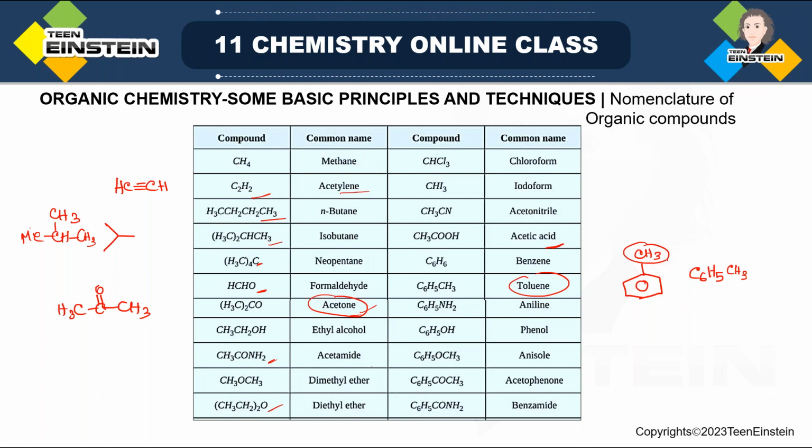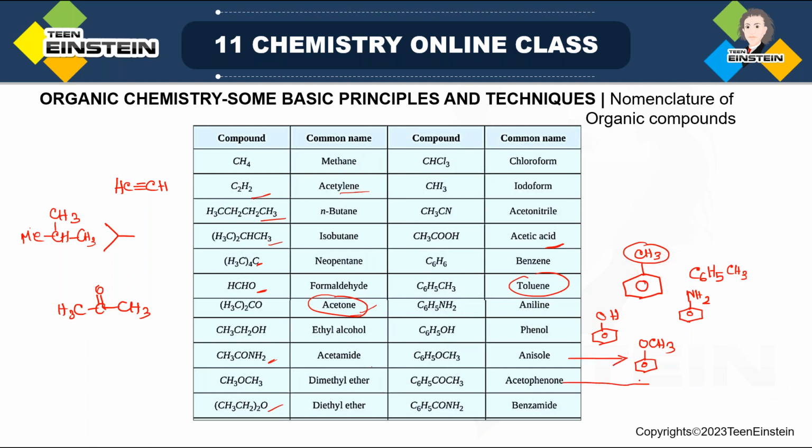Then we have aniline. Just in place of CH3, if we have NH2, then this molecule is called aniline. Then we have phenol, where an OH group is attached. Then we have anisole. See, keeping the benzene ring fixed, we are just changing the single substituent. This is known as anisole, OCH3.